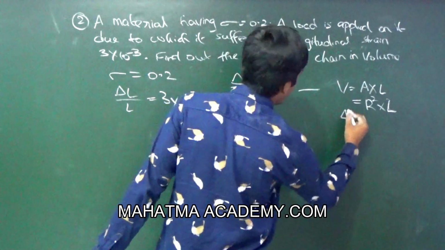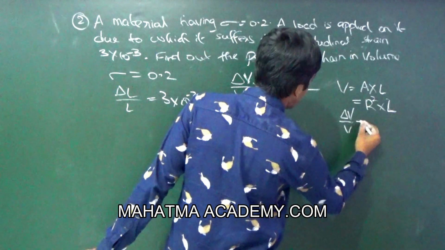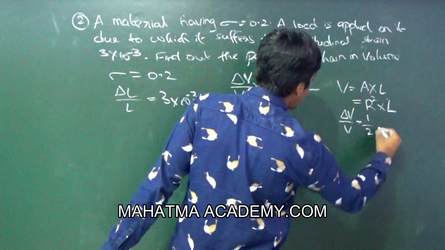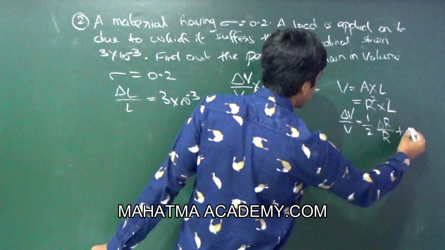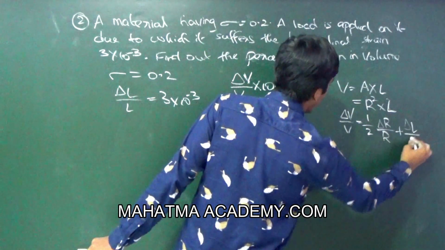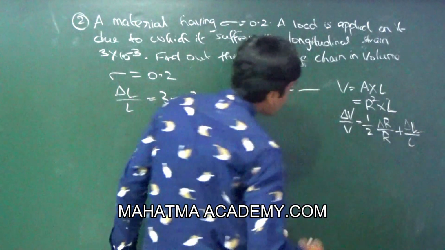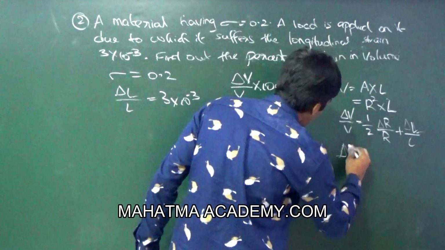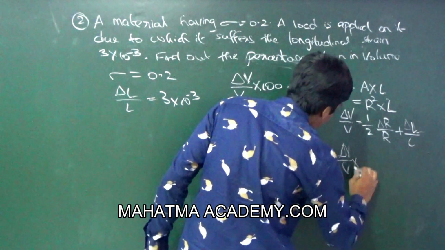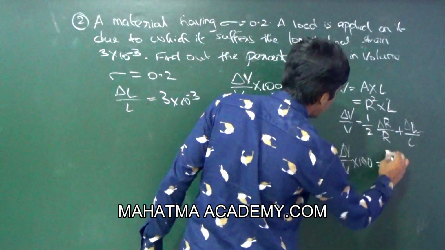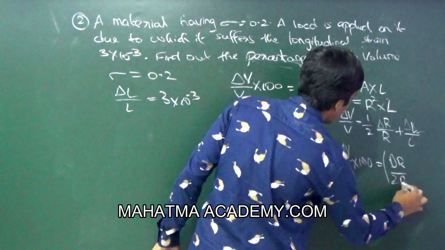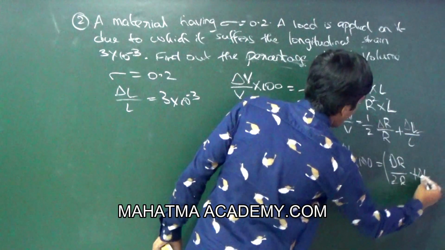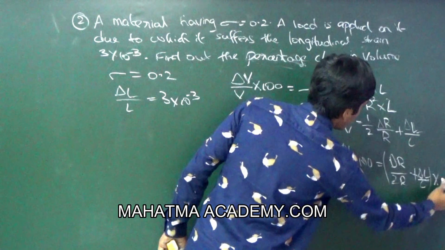So delta V by V is equal to 2 into delta R upon R plus delta L upon L. Now we want percentage, so delta V by V into 100 is equal to 2 delta R upon R plus delta L upon L into 100.